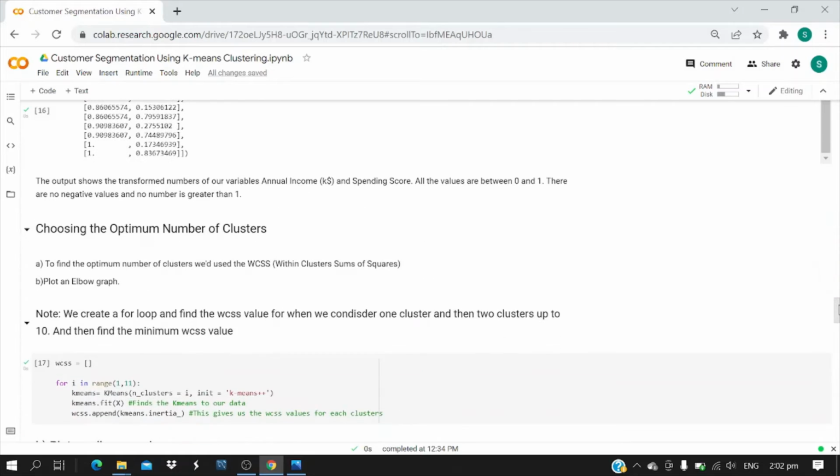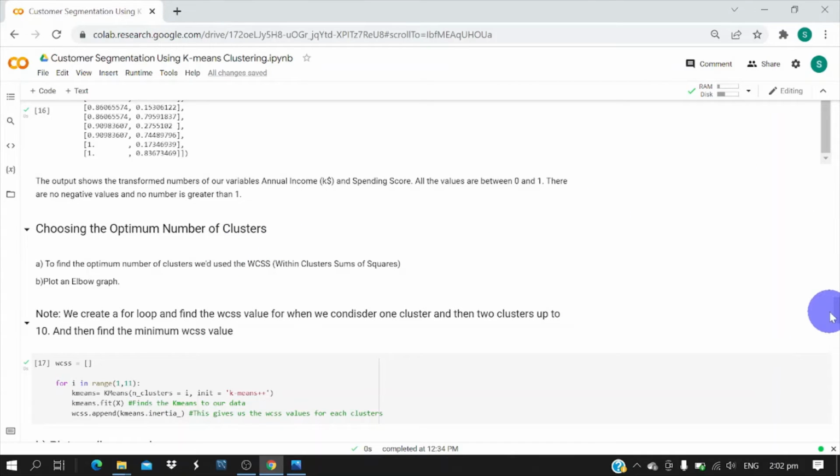I also wanted to find out the optimal number of clusters, and for that I used the WCSS method. WCSS stands for within-cluster sum of squares.